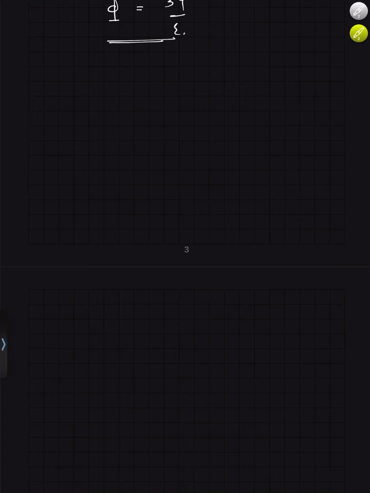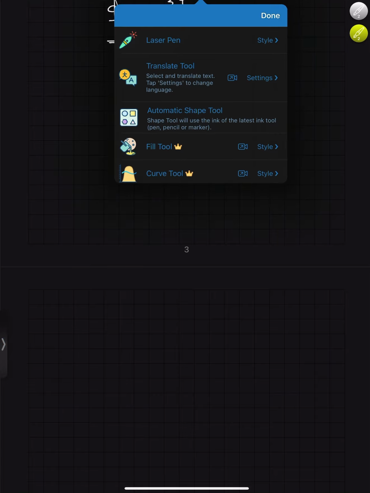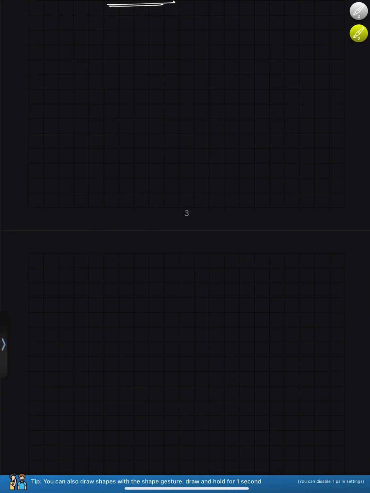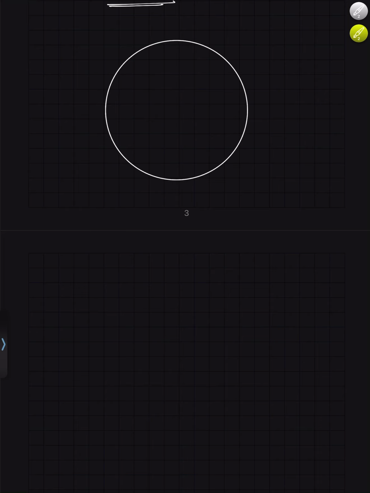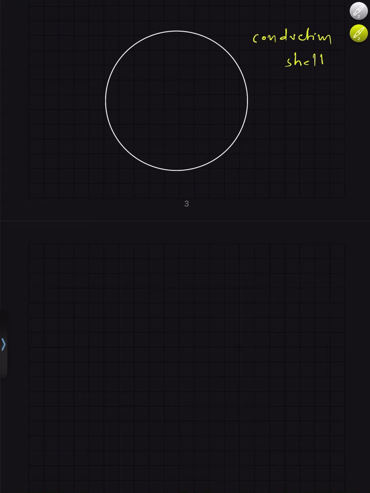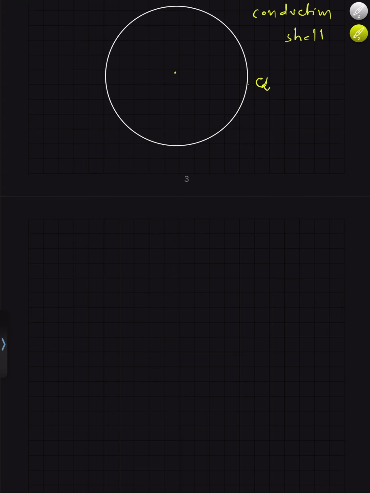Now if you have one question, this is a conducting shell with charge capital Q on it. You are asked what is the electric field inside the shell and outside the shell.